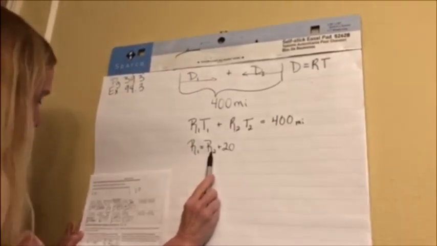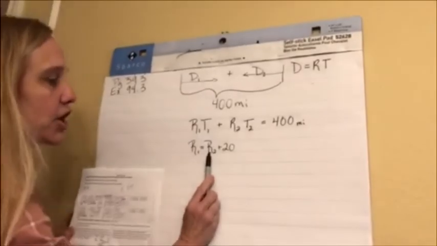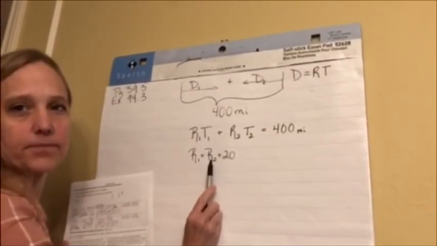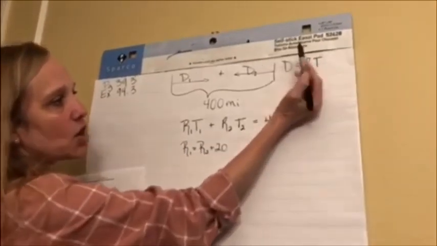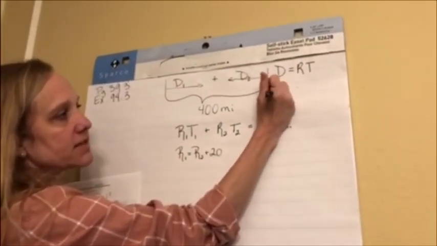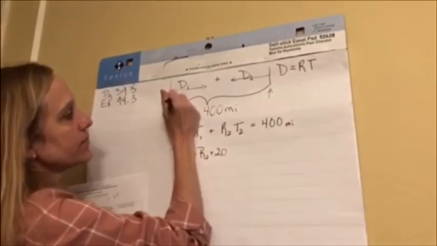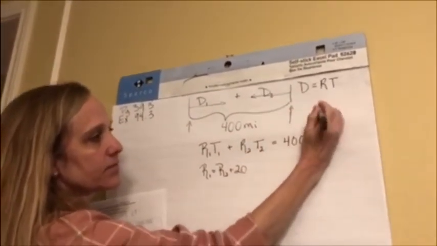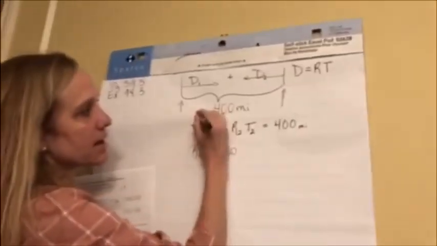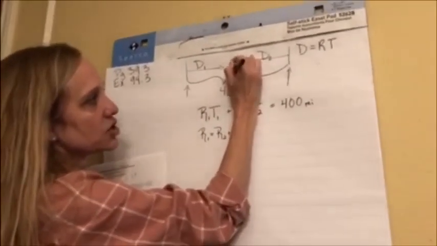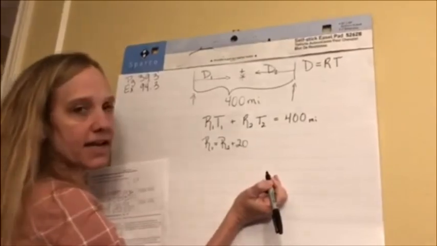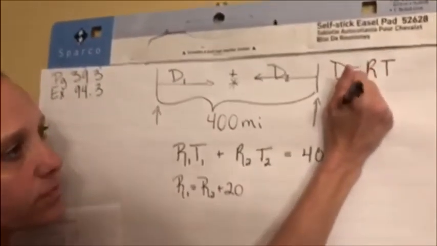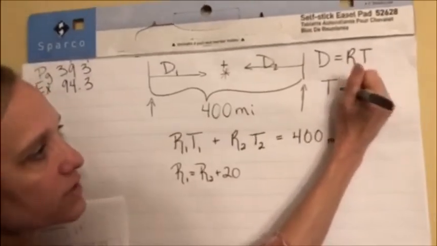The other thing that it tells us is that a collision occurred at 8 a.m. So at midnight, this was their distance, and this collision occurred at 8 a.m. So we know that our time equals 8 hours.